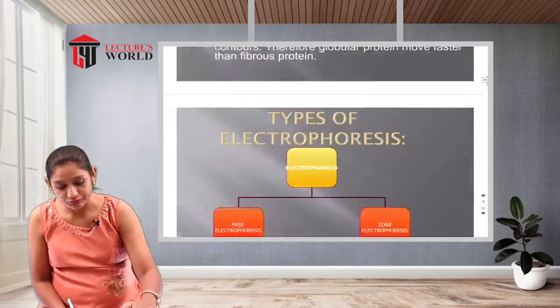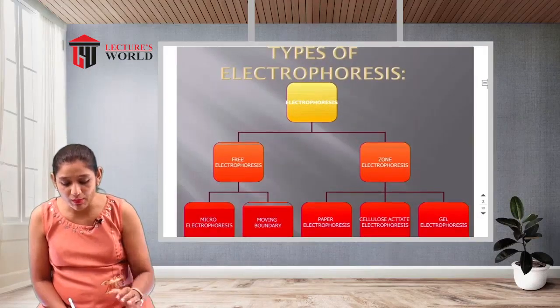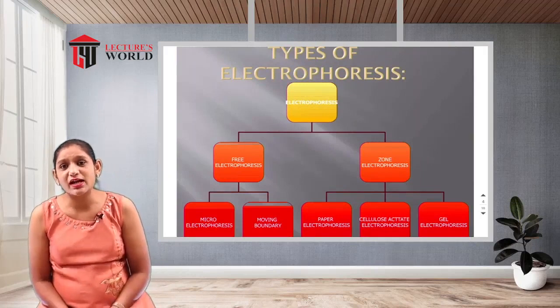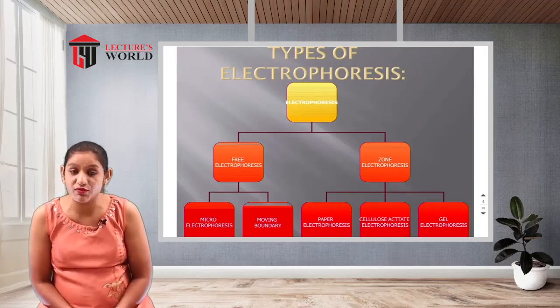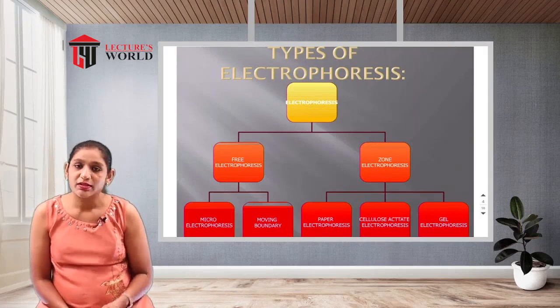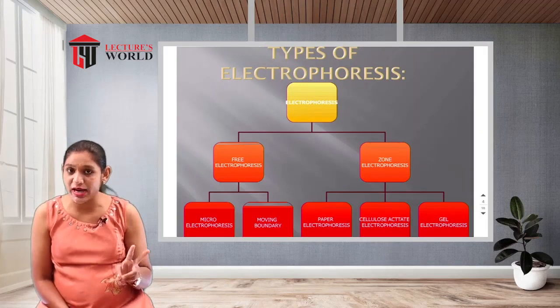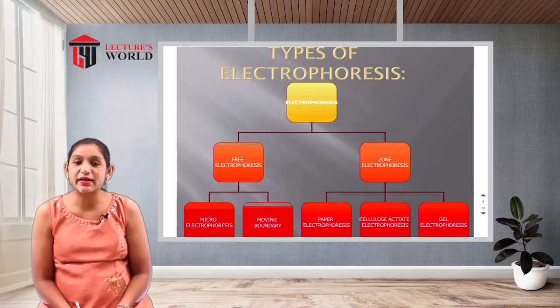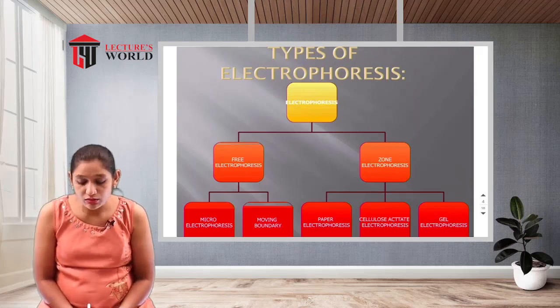Now let us talk about the types of electrophoresis. There are two basic types: free electrophoresis and zone electrophoresis.